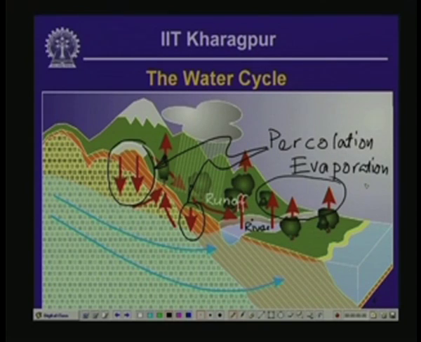This particular combination which we just now talked about is called the water cycle. Now, water cycle is associated with the groundwater that is available for human use.